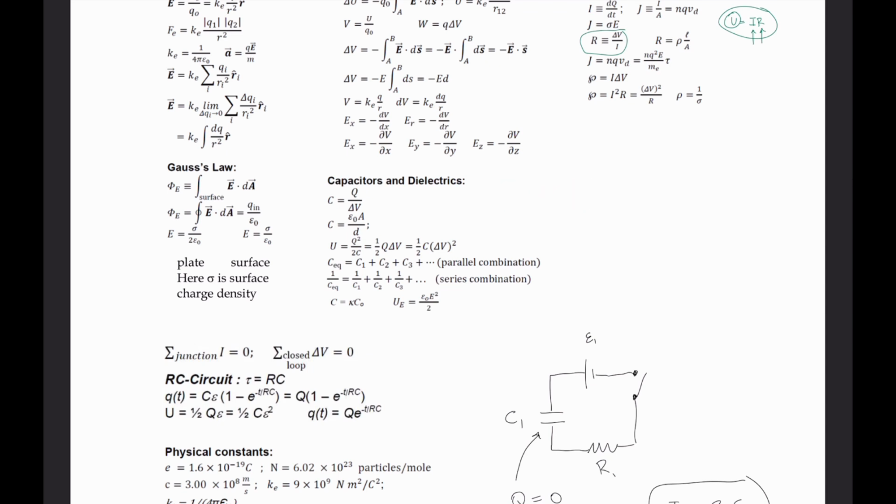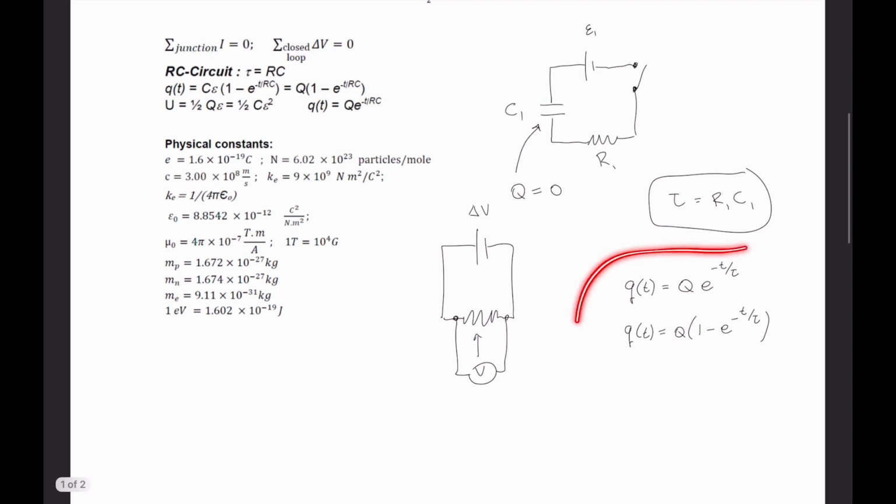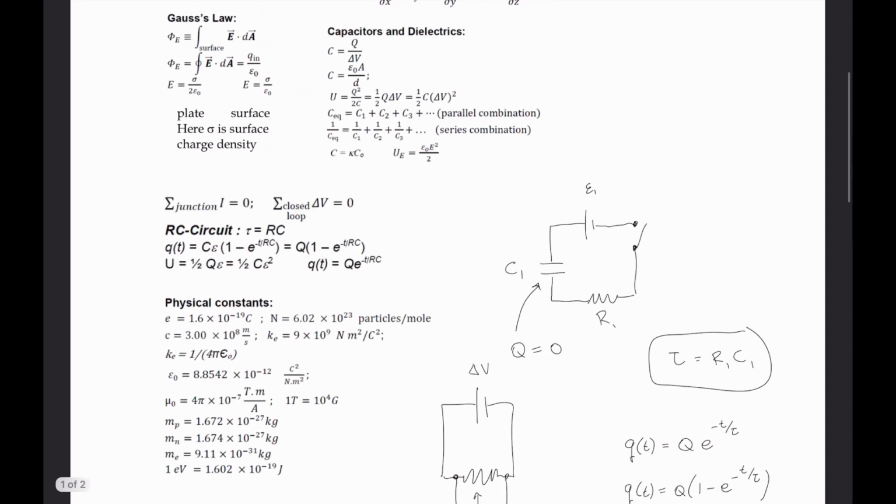So you can replace this Q in the equation with CV, where V is the voltage of the battery, and it's written in this epsilon, electromotive force or whatever. So yeah, this equation here is the same as this equation, and these two equations are the important ones, the ones that I've written right here. They're the charge and discharge equations of the capacitor.